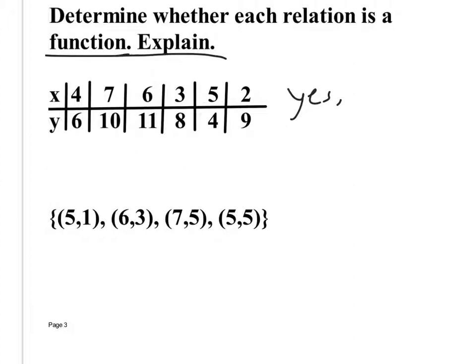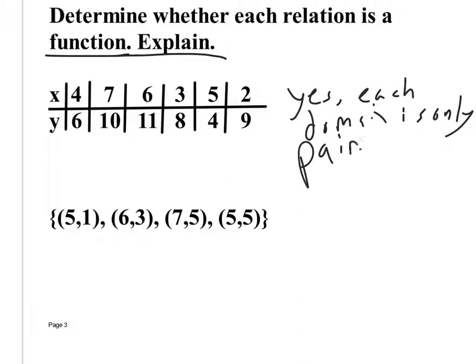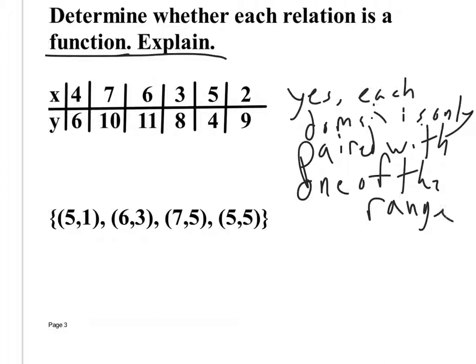Each domain is only paired with one of the range. Or you'd say each x is only paired with one of the y. It's all the same thing. But you have to at least explain it. So I need you to at least write the definition of function. Each domain is only paired with one of the range.